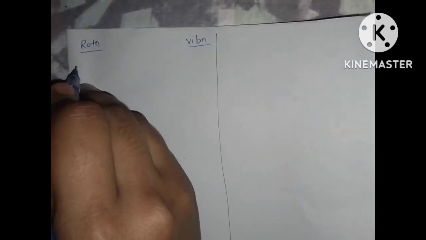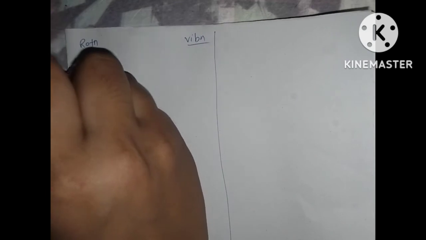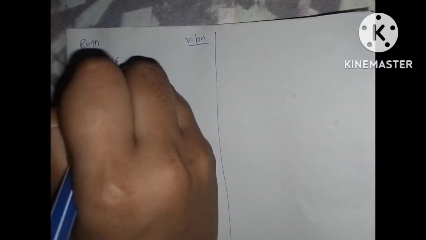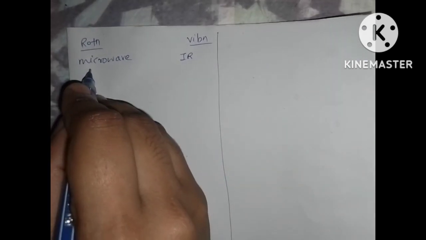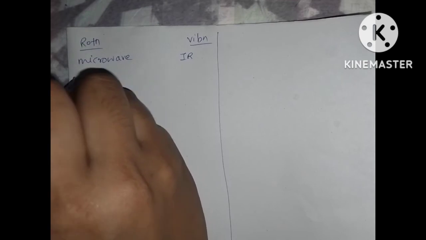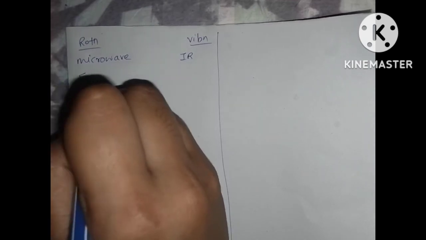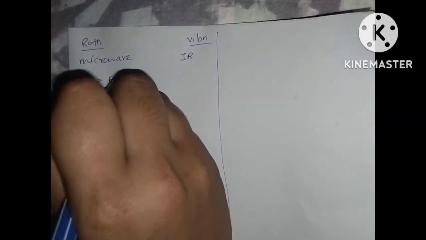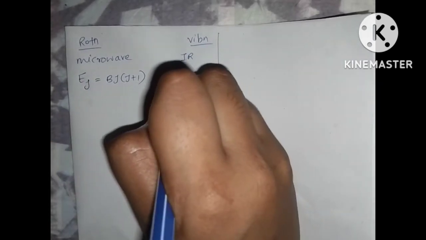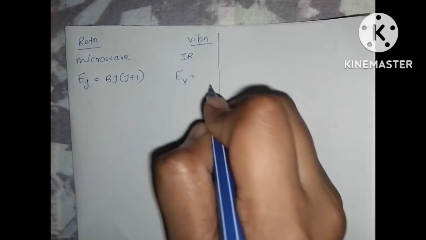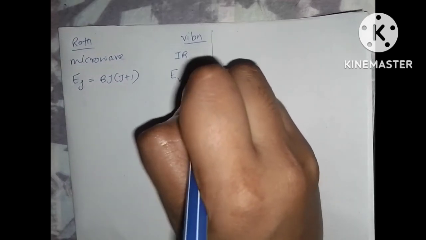In rotational spectroscopy, the radiation needed was microwave radiation, and for vibrational spectroscopy, the radiation required is IR radiation. For rotational spectroscopy, the energy is given as EJ equal to BJ into J plus 1. And for vibrational spectroscopy, the energy for each level is given as Ev equal to V plus half into H nu.